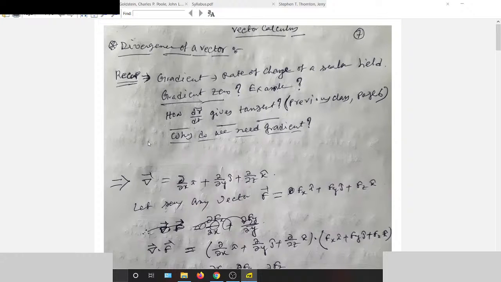The curve equation was given. So my question is, did anybody try to understand how this tangent has been calculated, or how you get that tangent?